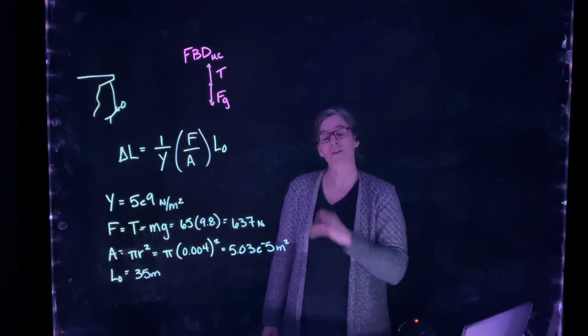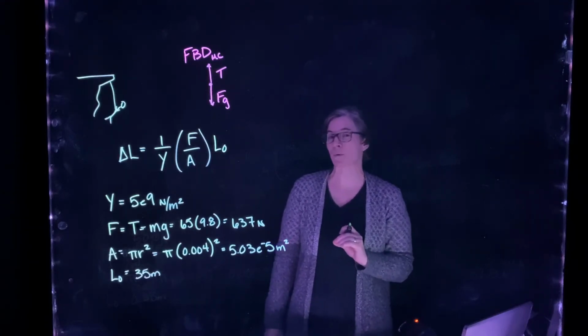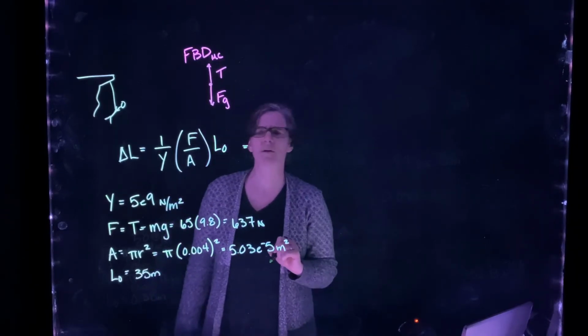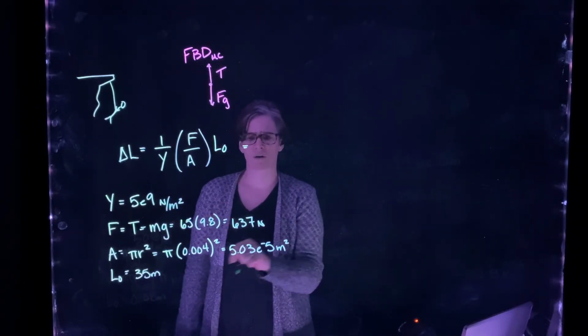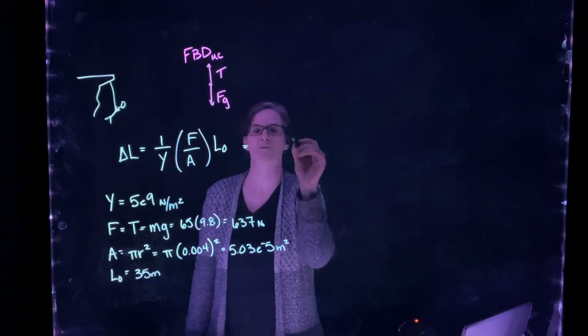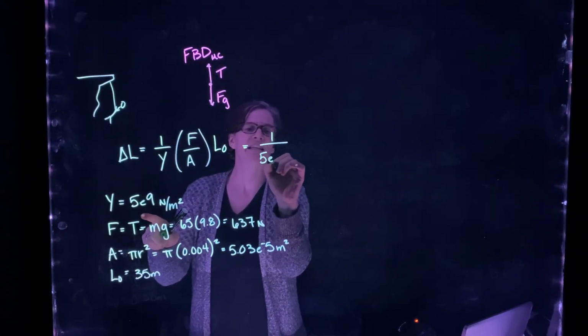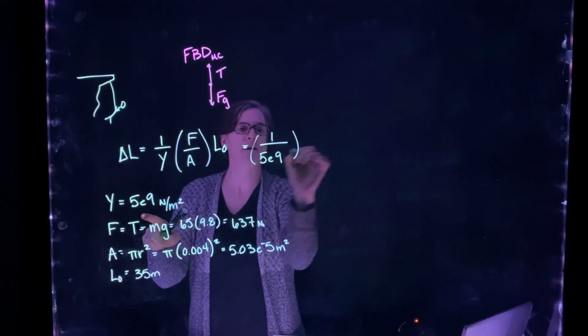So now that we understand what each piece of this equation is, we can simply plug in our values for each one. So we have 5 e to the 9th as Young's modulus.